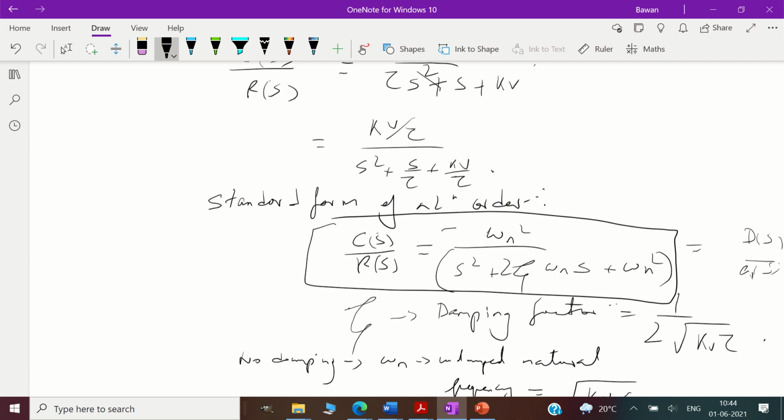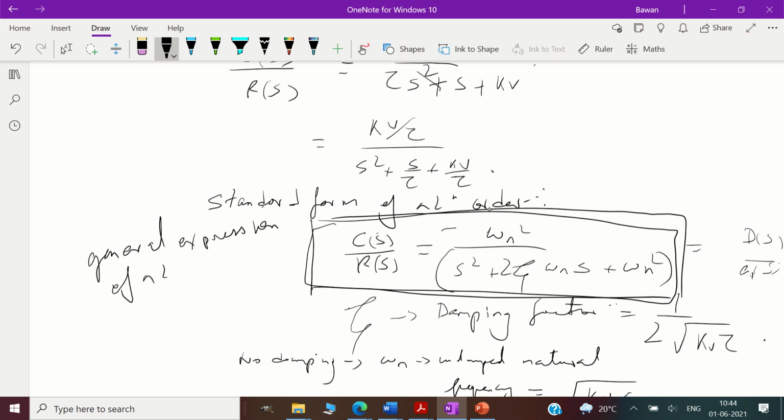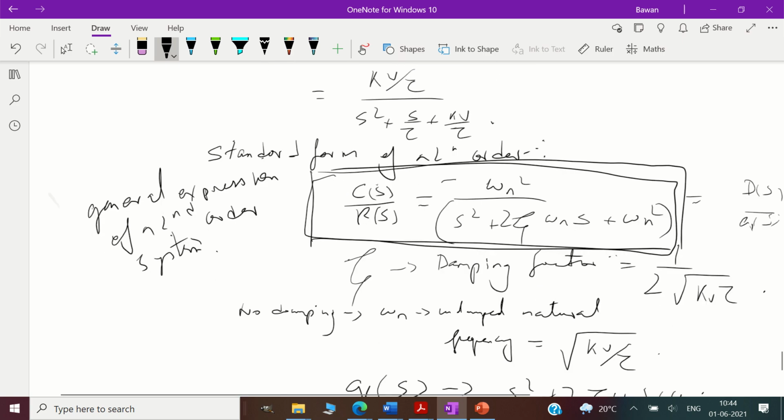Please have this expression, look at this expression again. This is the general expression of a second order system. Once this is in place, you can define a few parameters.